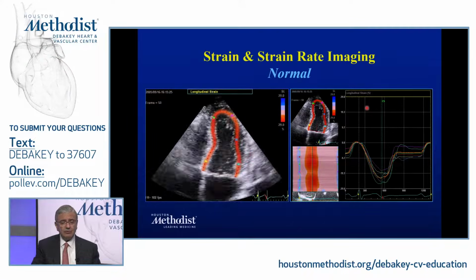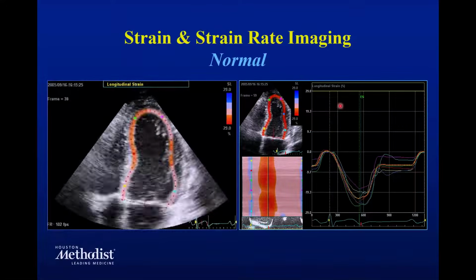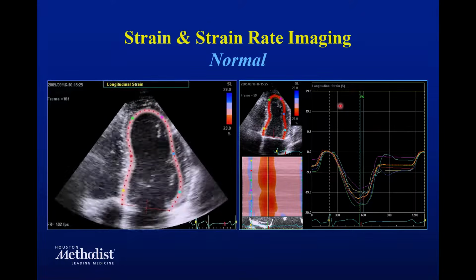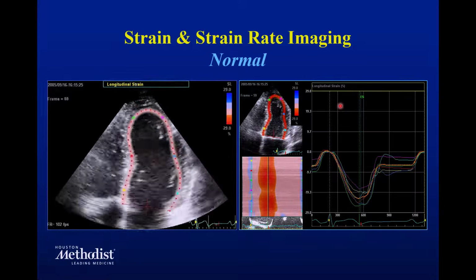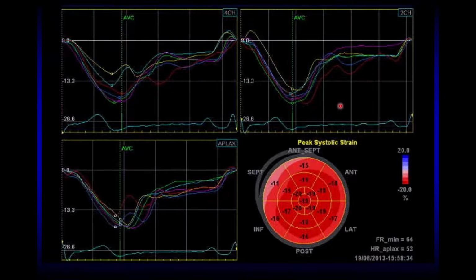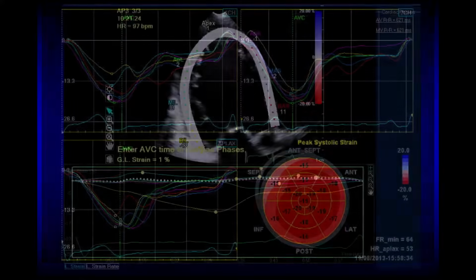Yes, you have to use your eye calibration just to make sure that the tracking is correct, but it's really beautiful because you could really follow the various regions of the heart, even at times layers of the heart, and end up with a global longitudinal strain that we will talk about from a prognostic point of view, from a quantitative point of view.